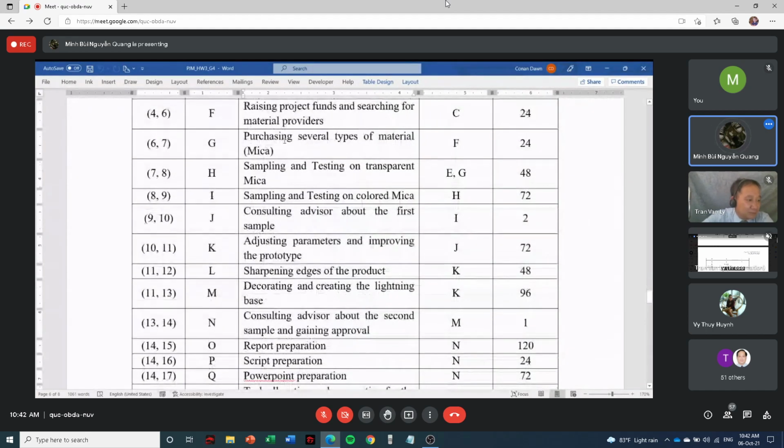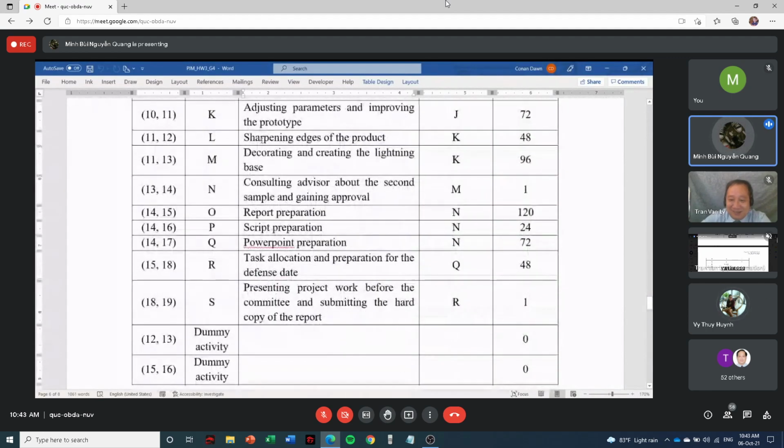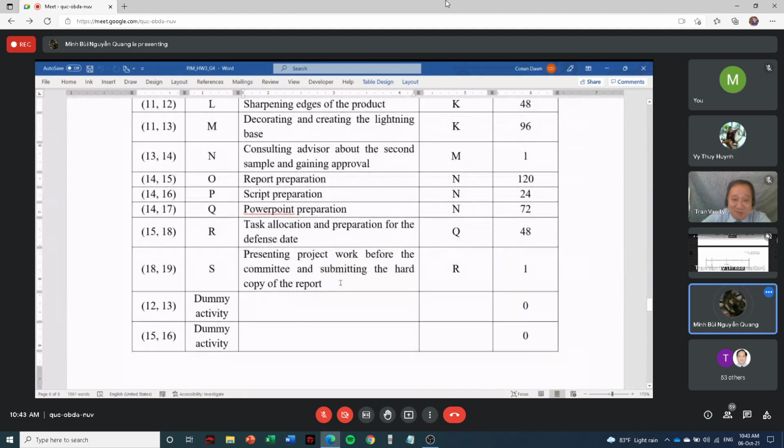We also had to purchase the mica material. At the same time, we needed to prepare the reports and the script for the presentation at the defense date, and that's it.